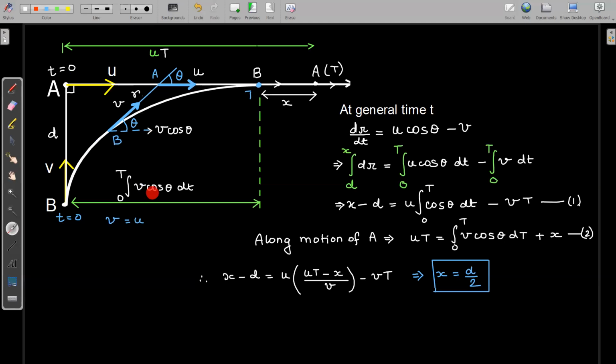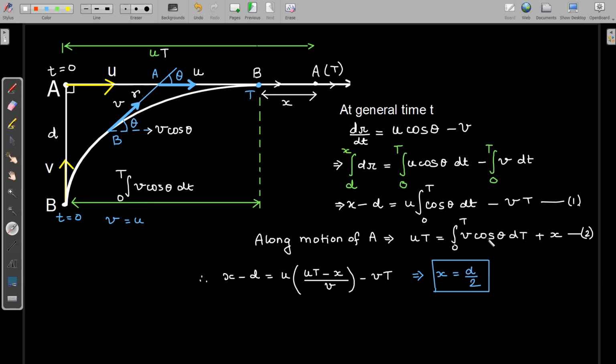So the integral of v cos theta dt from 0 to capital T gives the displacement of B along the path of particle A in time capital T. So we can relate these two distances as uT equal to x plus the displacement of B along the x-axis, so uT equals the integral of v cos theta dt plus x, right?